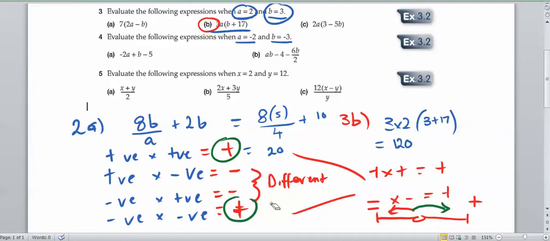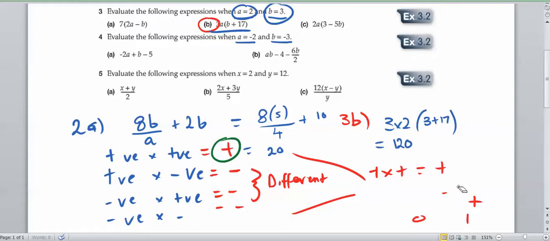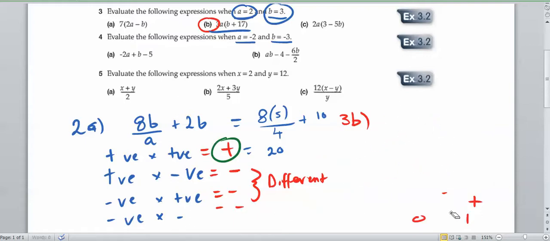So let's go ahead and do this, let's do 4B. We've got AB minus 4. So let's sub in what A and B are. So we've got negative 2 times negative 3.